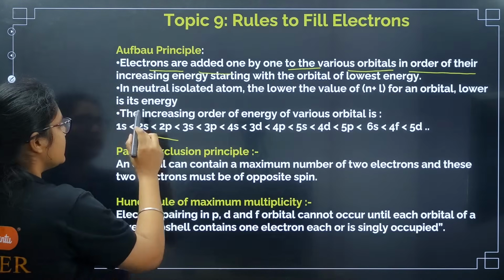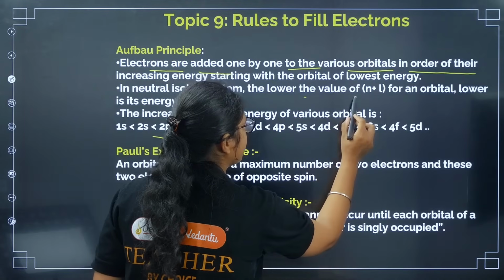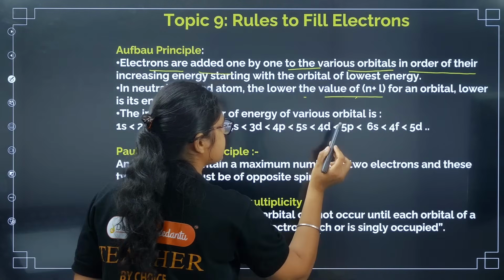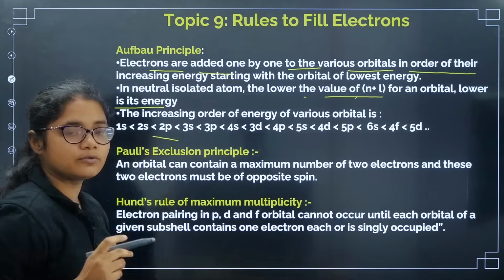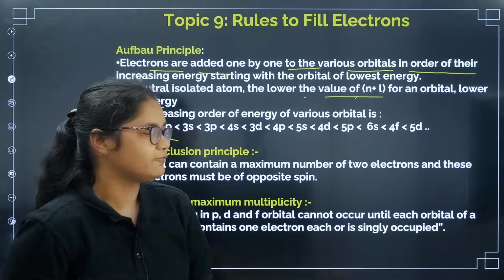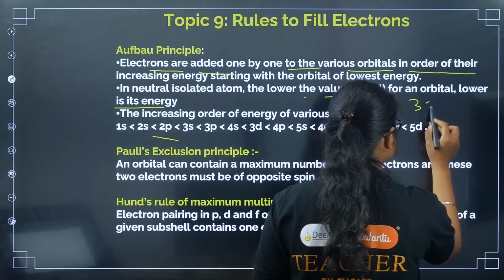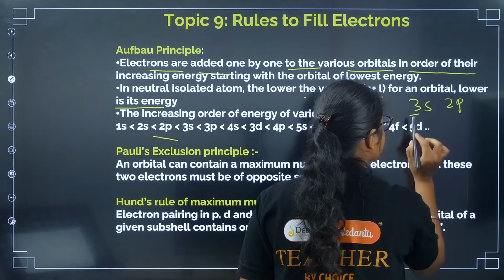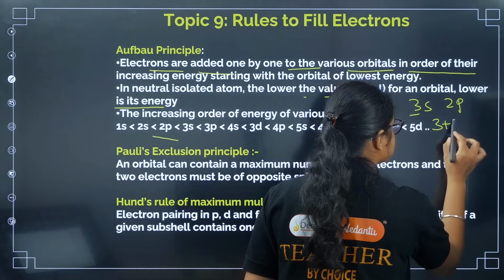Next, in a neutral isolated atom, the lower the value of n plus l, the lower is the energy. So how will you know which orbital has how much energy? We have to follow the n plus l rule. For example, if you have 3s and 2p, what is the n value here? 3, l value is 0.